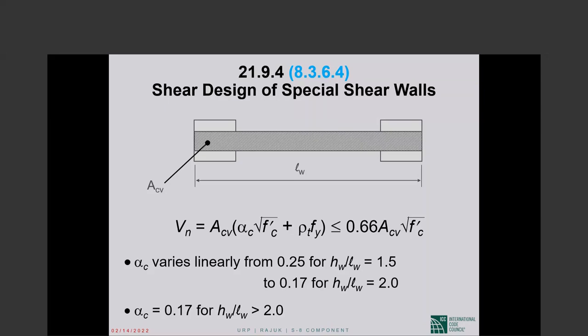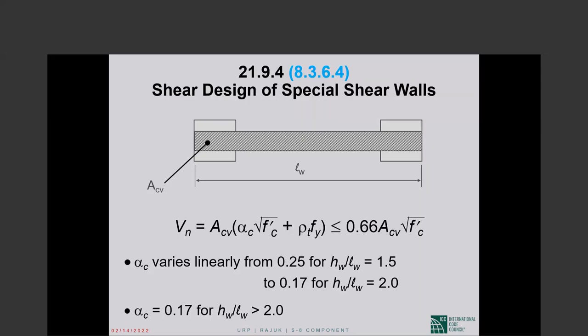The shear that concrete can carry throughout the ACI code is that concrete is always good for 2 square root of f sub c prime, which should be in your units. 2 would be 0.17 square root of f sub c prime.